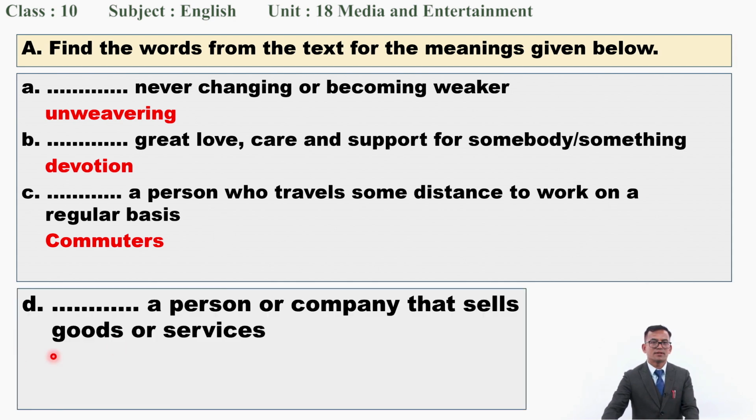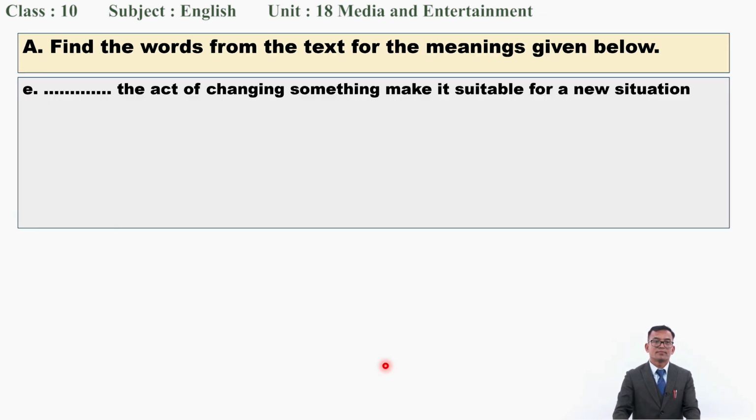What about this? A person or company that sells goods or services. Great. Vendor. What about next? The act of changing something to make it suitable for new situations. Adaptation. This movie is also adapted, right?